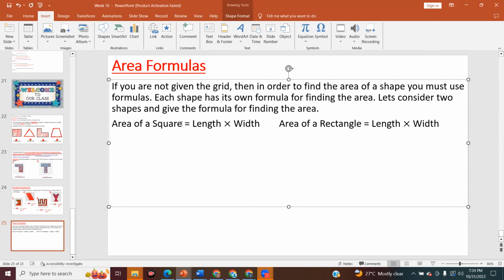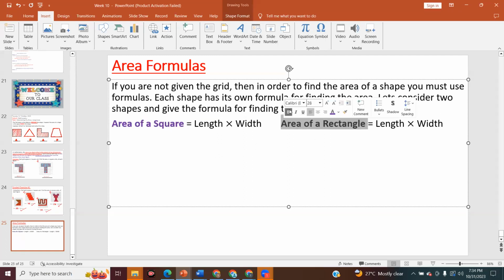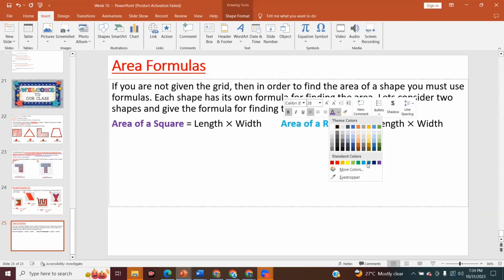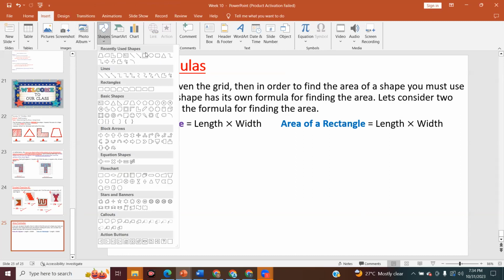So the area of a square is length times width, and the area of a rectangle is length times width, the same thing. Now the question is, what is the difference between a square and a rectangle?